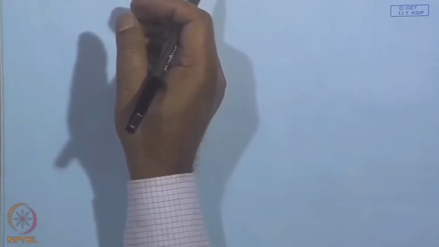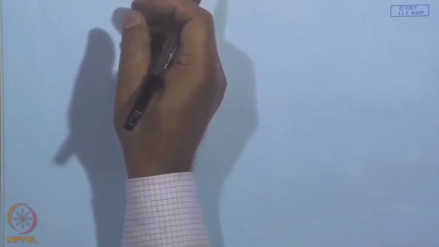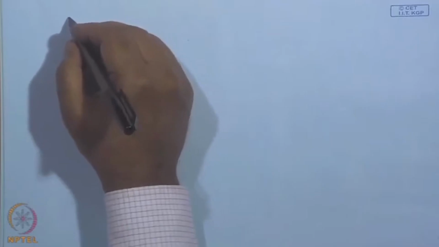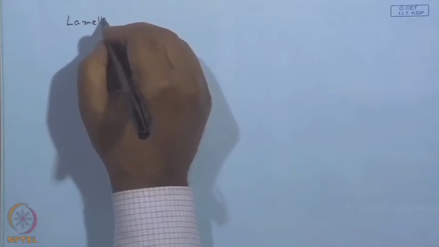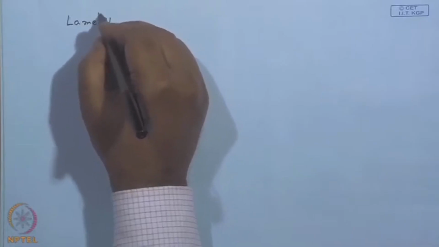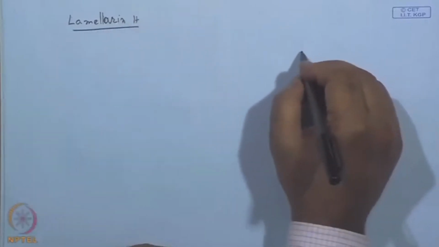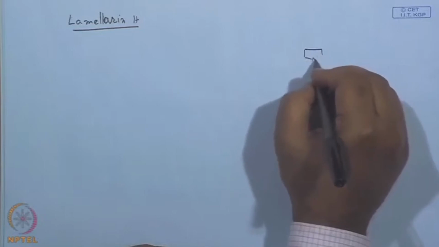And I will just illustrate this azomethine ylide formation by a synthesis of a natural product called lamellarin H. The molecule, I think you have seen it before, is a pyrrole derivative.